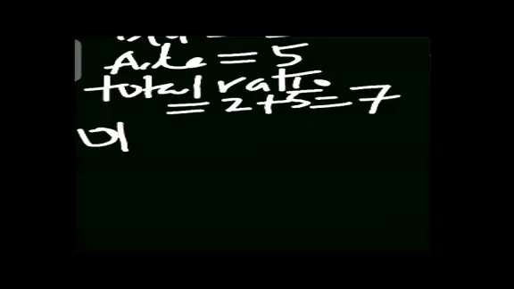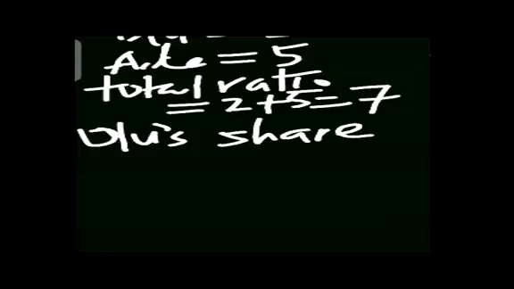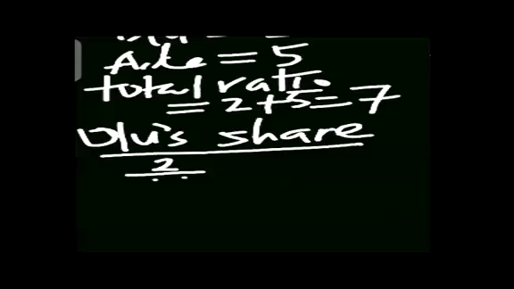Now, Olu's share will actually be the ratio of Olu, that will be 2, over the total number of the ratio, that will be 7, times whatever they are sharing, which is 35 oranges.